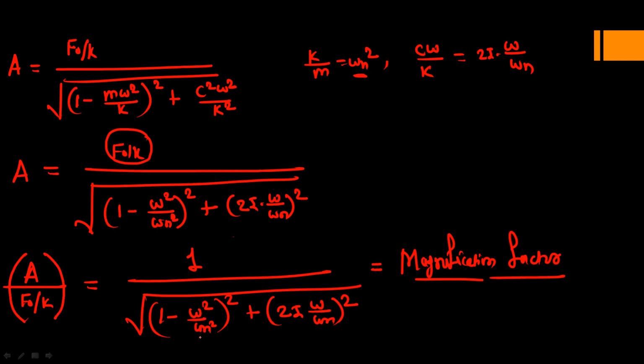So now here we can assume this omega upon omega n as a small r, which is called the frequency ratio. And we will write this complete equation in terms of this frequency ratio r.